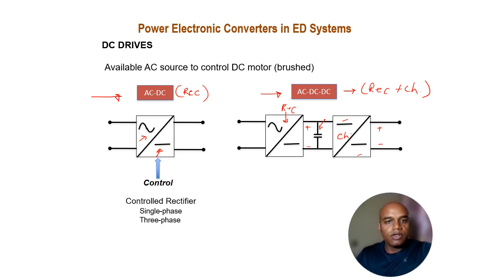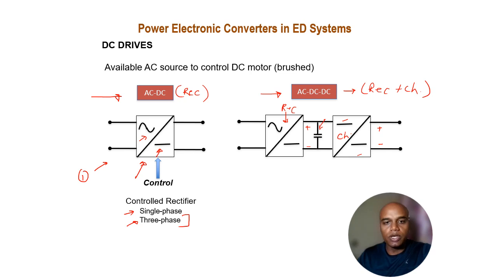For the rectification purpose, the control can be done in two categories: if we have a single phase drive or a three phase drive. Most industrial applications use the three phase drive system. The converter can again be of two types.